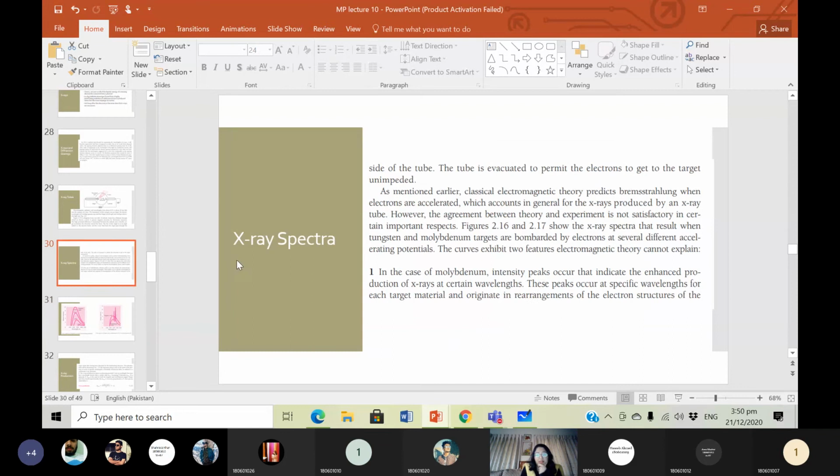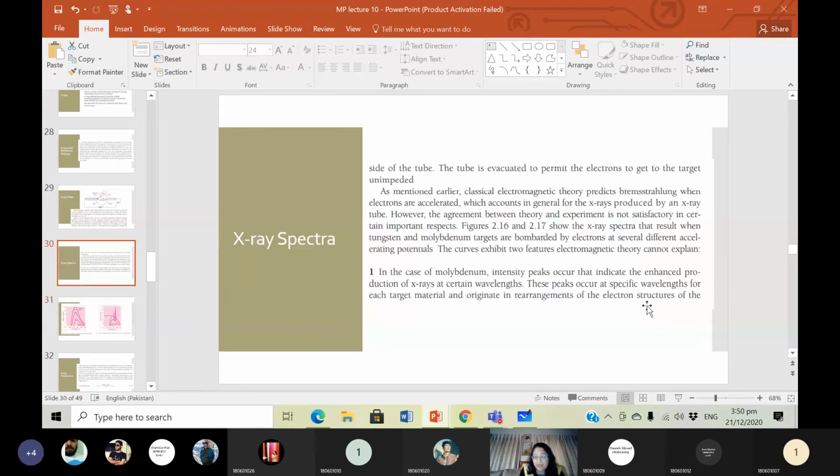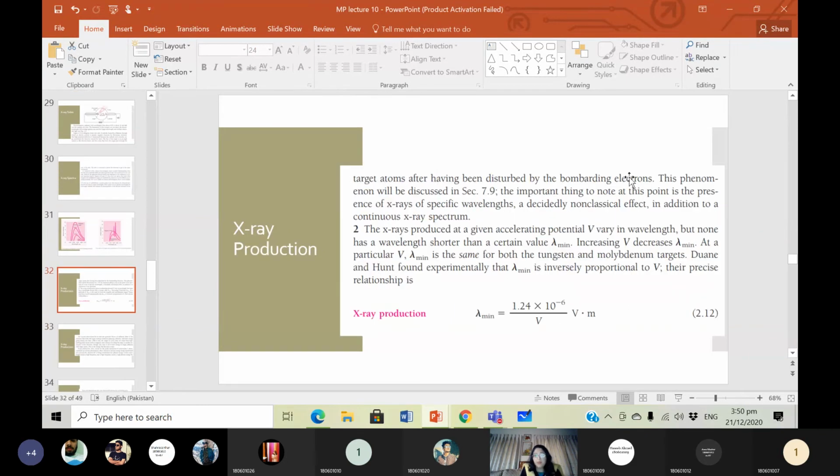Now, how can we understand these? In the case of molybdenum, intensity peaks occur that indicate the enhanced production of X-rays at certain wavelengths. As you can see, there are some peaks in molybdenum here. What does that correspond to? These peaks occur at certain wavelengths for each target material. This phenomenon will be discussed.